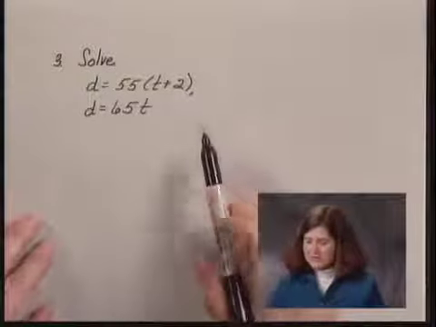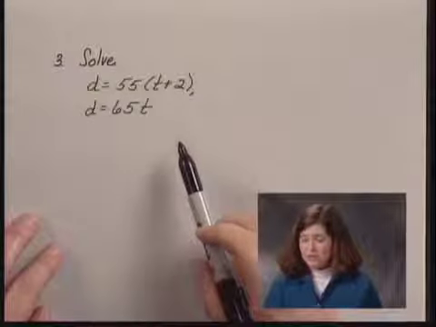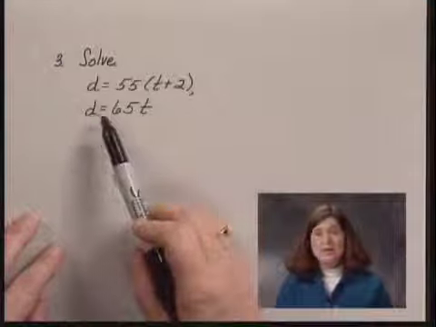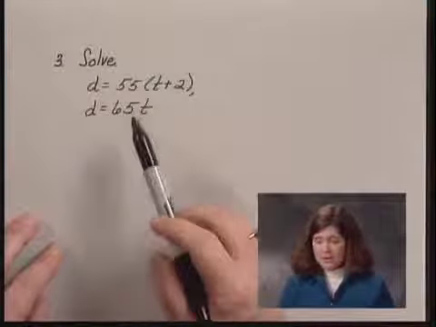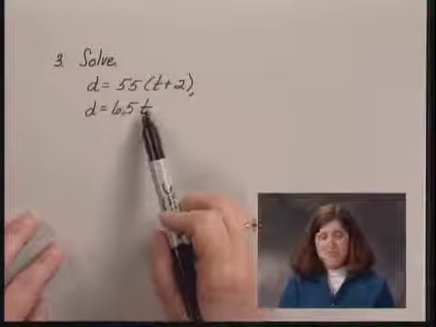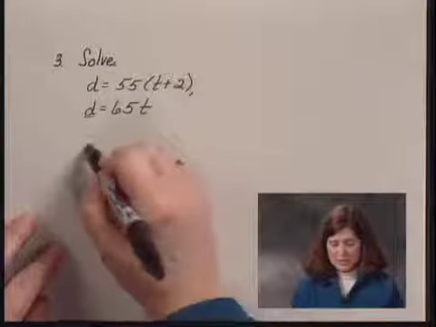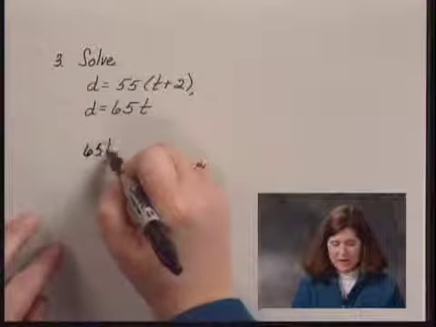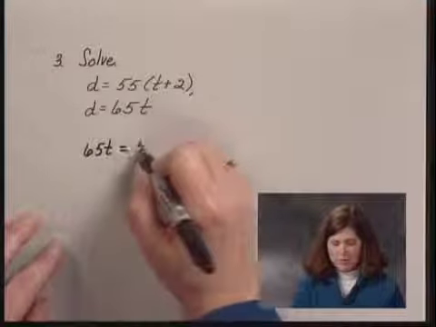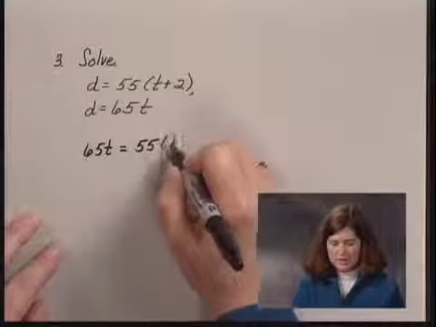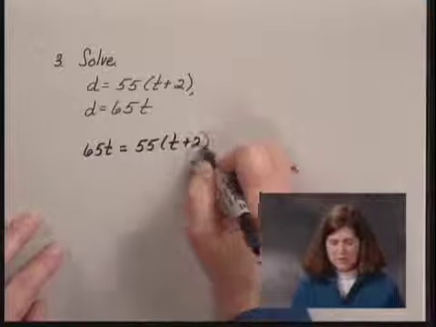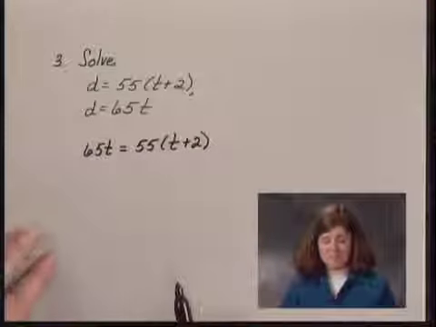To solve this system of equations, I can use substitution. Since D equals 65t, I will substitute 65t for D in the first equation. That gives me 65t equals 55 times t plus 2. This is another way of saying the distances are the same.